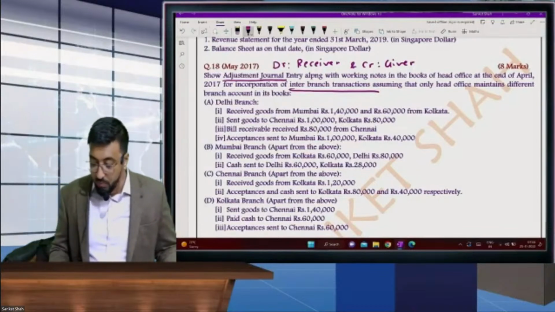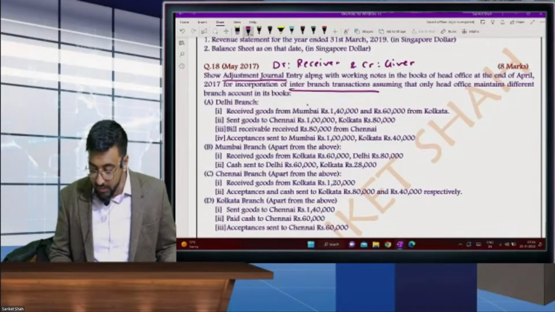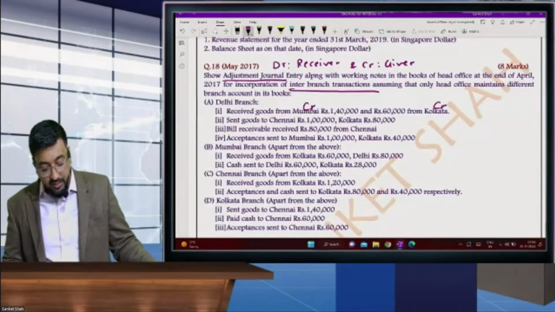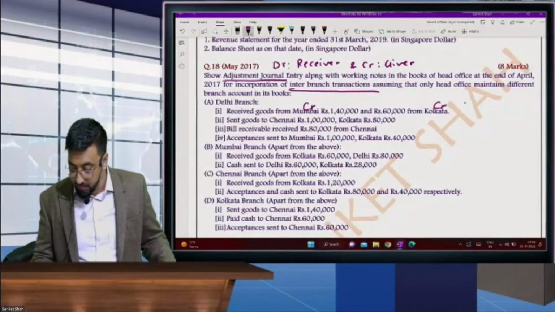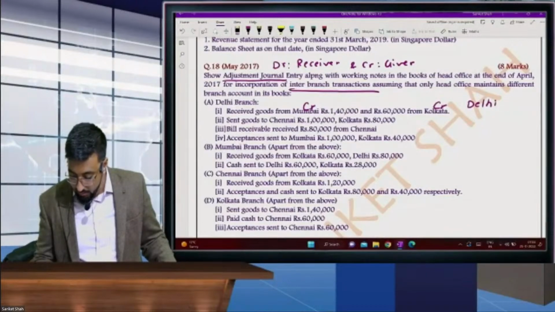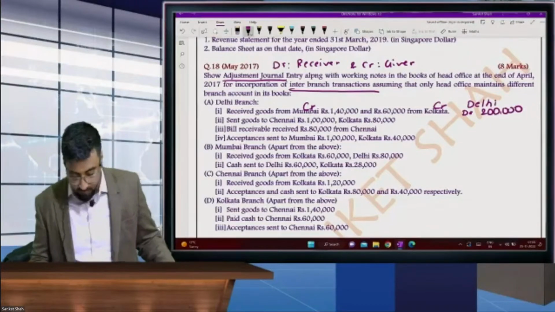Mumbai is a giver, so Mumbai credit and Kolkata credit, and Delhi is the receiver. So Delhi debit, Delhi will be debited by rupees 2 lakhs.